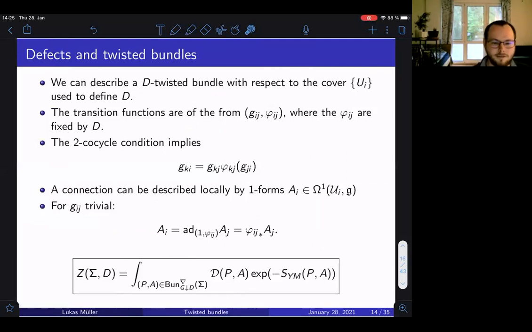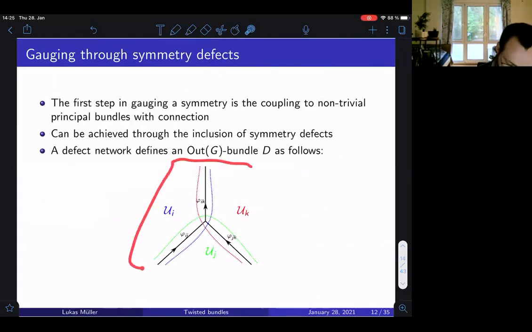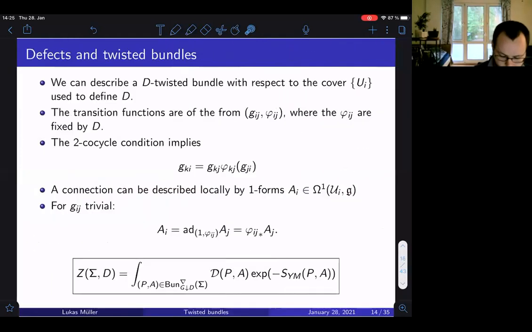Now I want to justify that they actually encode the symmetry. So for that, what we do is we take such a twisted bundle and we describe it with respect to the same open cover as we have chosen here to build the bundle D. Then since it's a G semi-direct product Out(G) bundle, the transition functions are of the form g_ij and then some outer automorphism.